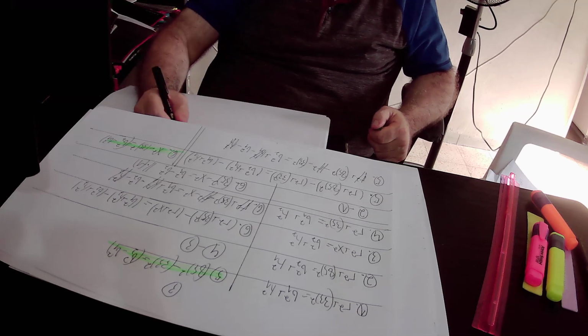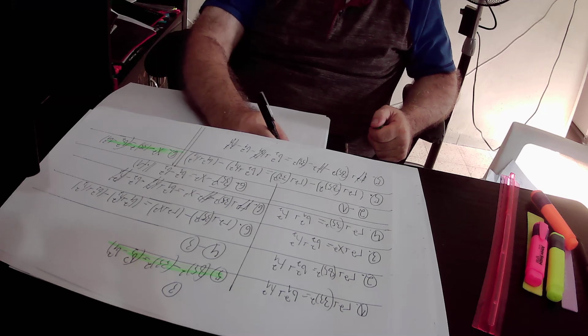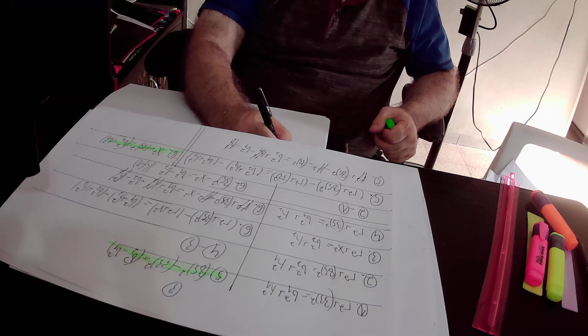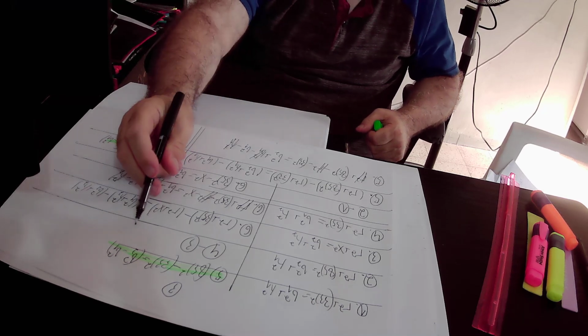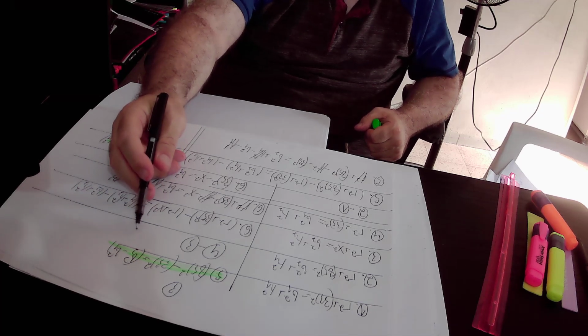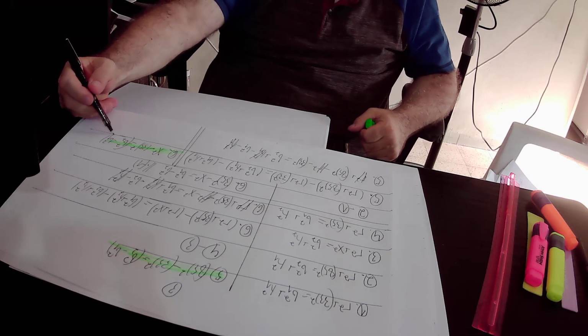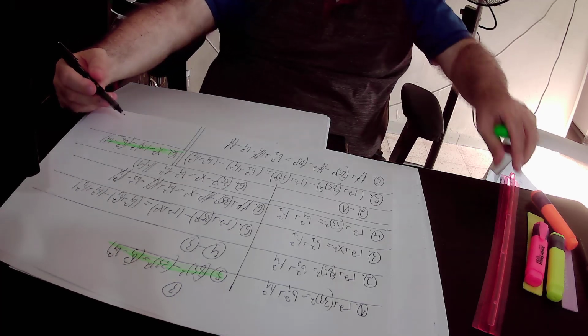In the next step, we create equation number 7 that states that b2 squared minus b1 squared according to this equation number 5 must be equal to b2 squared minus b1 squared according to this equation number 6.